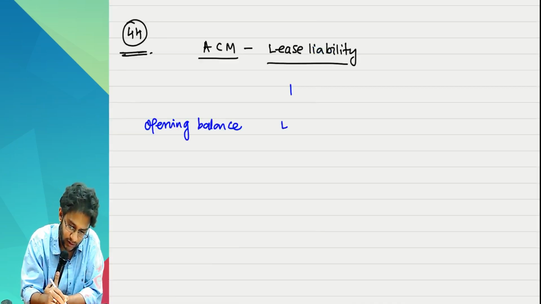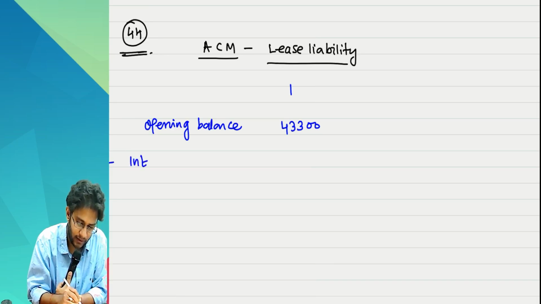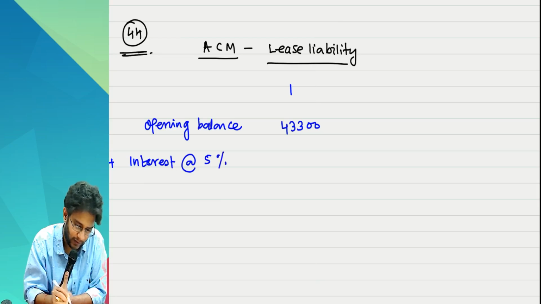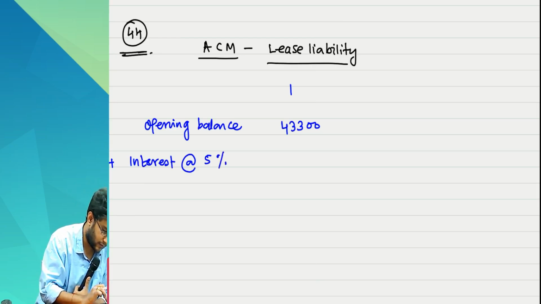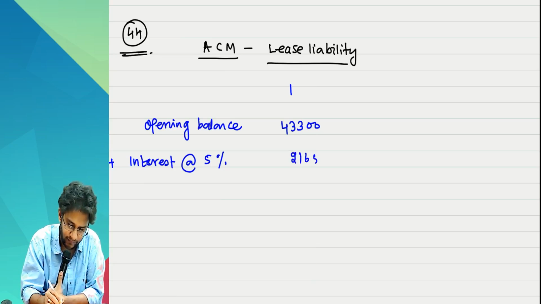So the opening balance should be 43,300. To this add interest expense at the rate of 5%, that is 2165.